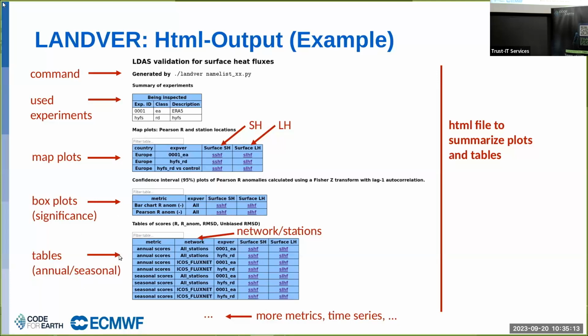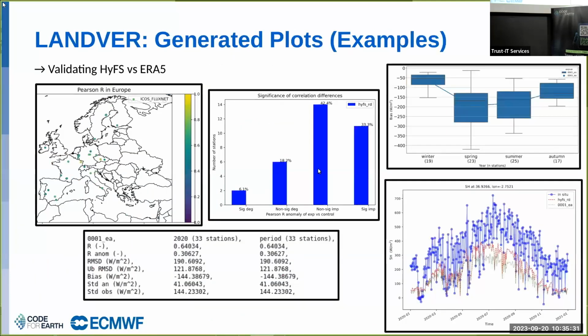And then there's also a part summarizing all the scores and tables. So for the annual score and then for the seasonal scores. And this is separated for every network. Here we just use ICOS. And then there are also more metrics and also some other plots. And here are examples of these plots. So for example, here the left plot is the map plot.